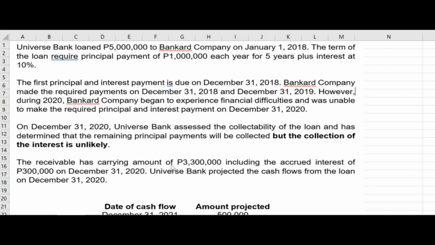The receivable has a carrying amount of 3,300,000, including the accrued interest of 300,000 on December 31, 2020. Universe Bank projected the cash flows from the loan on December 31, 2020 as follows.